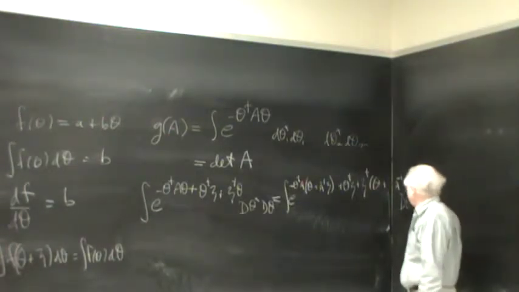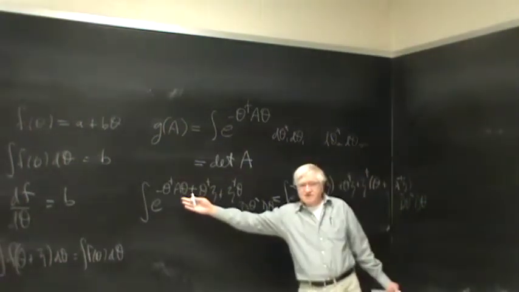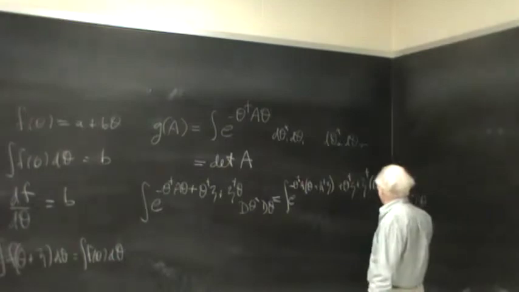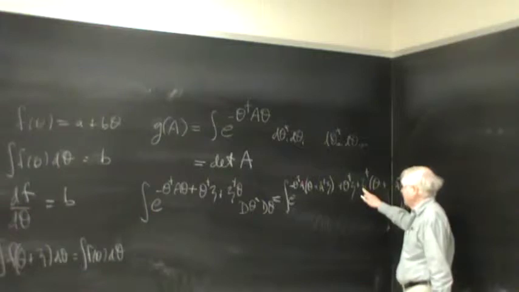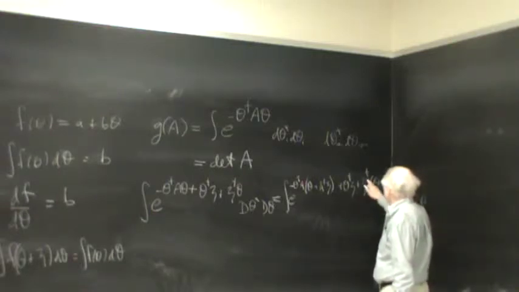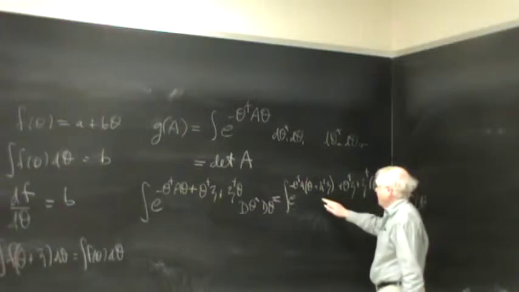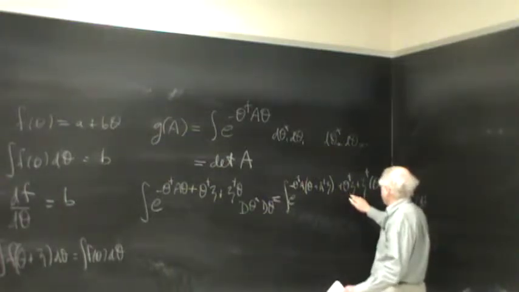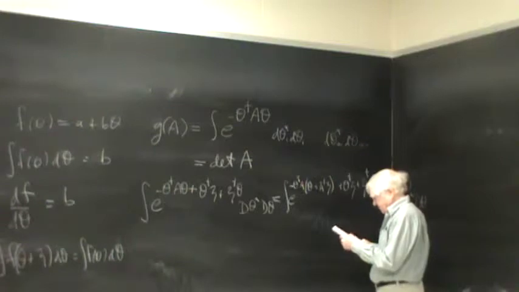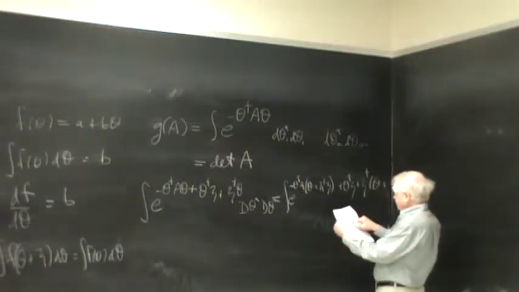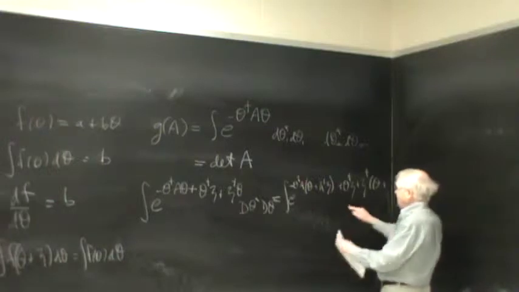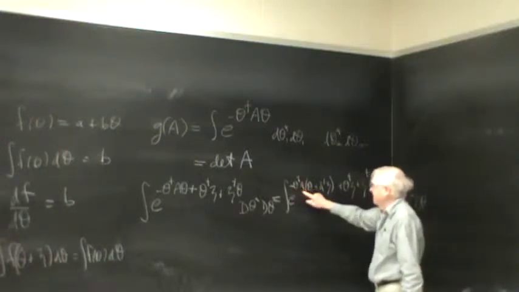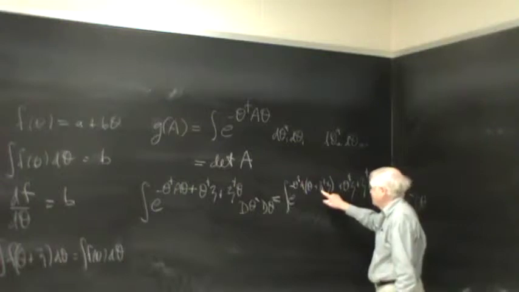Okay. Well, what has happened here? Of course, I've assumed that A is an invertible matrix, so A is non-singular. We have here plus zeta dagger theta, and over here, all right, let me get this straight. Did I screw up? Hold on. Okay, yeah, here we have minus theta dagger A times A inverse zeta.